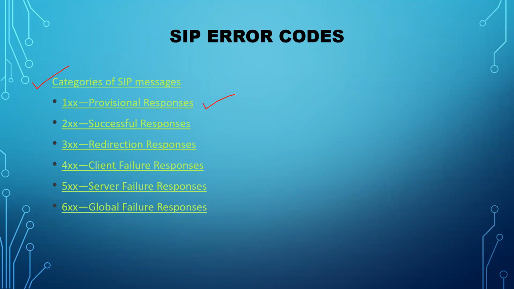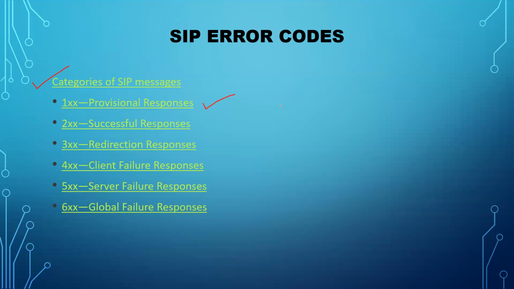And if you are watching the SIP video for the very first time, then please go and check my other videos on session initiation protocol part 1, 2, 3, and then you can come back to this video, SIP error codes, right? So 1xx provisional responses can contain 100 Trying, 180 Ringing, 183 Session Progress, 181, 182, everything. It will all be under 1xx provisional responses.